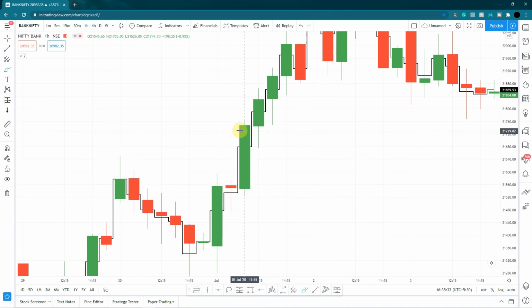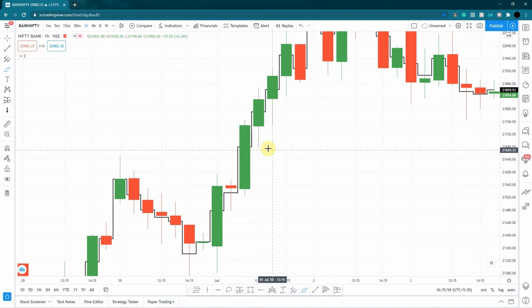And let's say even if you missed this entry and you were waiting for a confirmation to break this level or break this high, and you wanted to enter, instead of entering right up here at the highs, all you have to do is place a limit buy order at the mean. As you can see, the next candle came right till the mean of the previous candle and then went up higher.